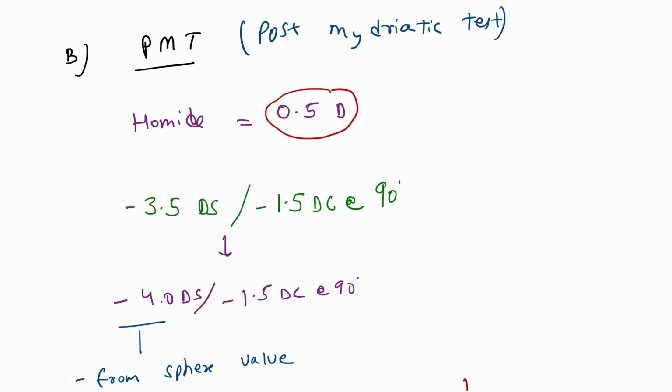The sphere was minus 3.5 with minus 1.5 diopter cylindrical at 90 degree. We don't touch the cylindrical value. We just subtract 0.5 from the spherical value. So our net comes out to be minus 4 with minus 1.5 cylindrical at 90 degree. Just make sure we are subtracting the post correction value of any cycloplegic from the spherical value only.